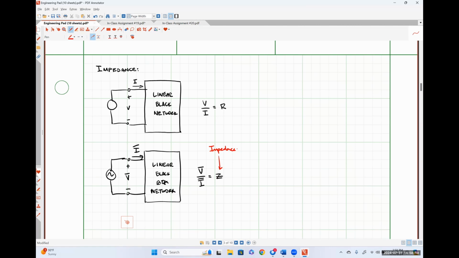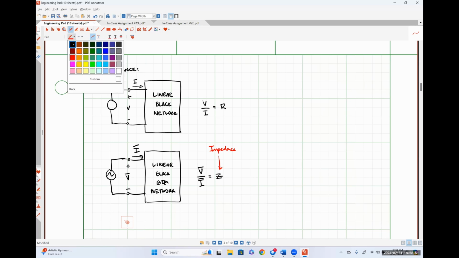So the impedance Z is just playing the role of resistance in sinusoidally excited circuits. It's literally just the ratio of voltage to current. So we are largely going to treat it like resistance, except that since it is the ratio of two complex numbers, our impedance Z must be a complex number itself.